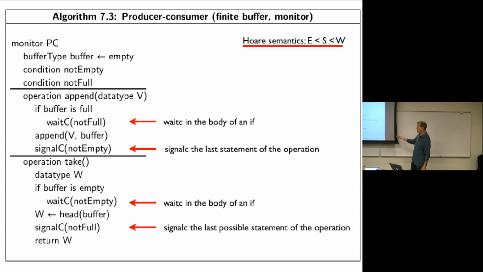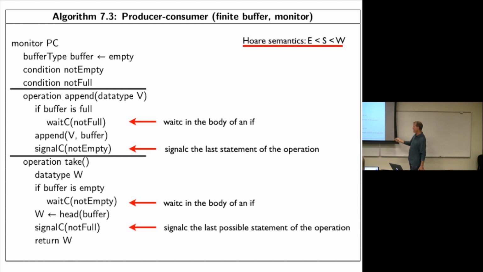So we have this local variable W of type data type. And if the buffer is empty, what do we do? Wait C not empty, and again, that wait C is in the body of an if, and then W gets the head of the buffer, and then now that we've taken something out of the buffer, we know it's not full, so we signal C not full. And here again, signal C is the last statement.